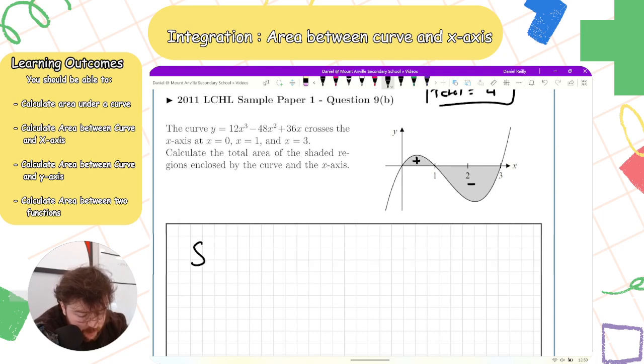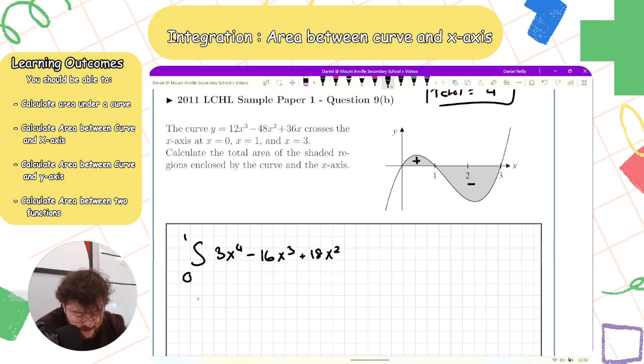So I'm going between 0 and 1 of 12x cubed, which will be 3x to the power 4, minus 48 divided by 3, which is 16, so minus 16x cubed plus 18x squared.